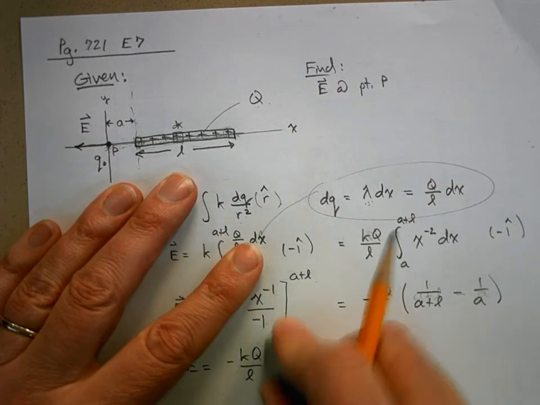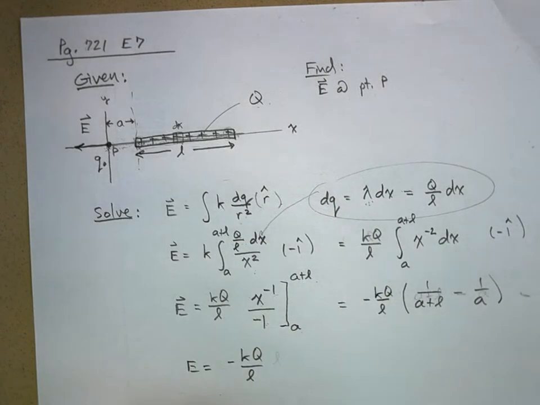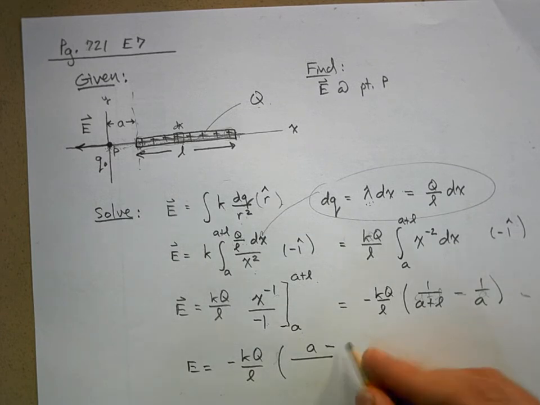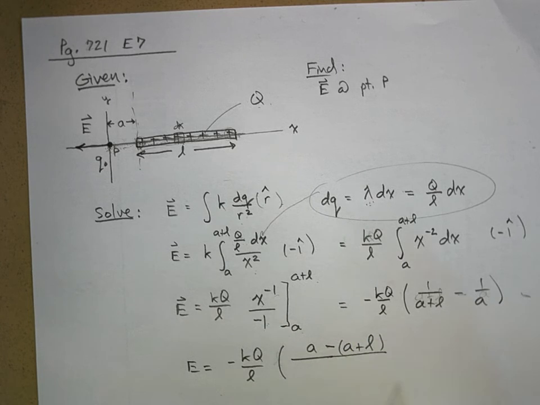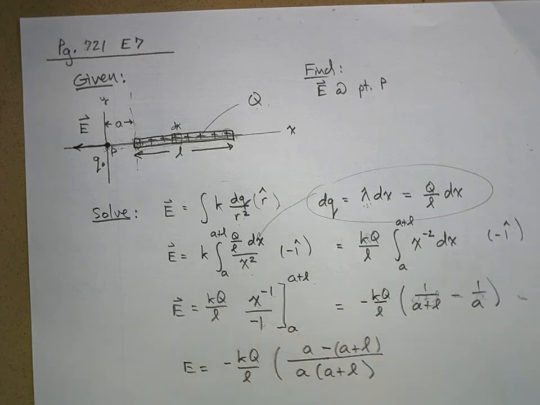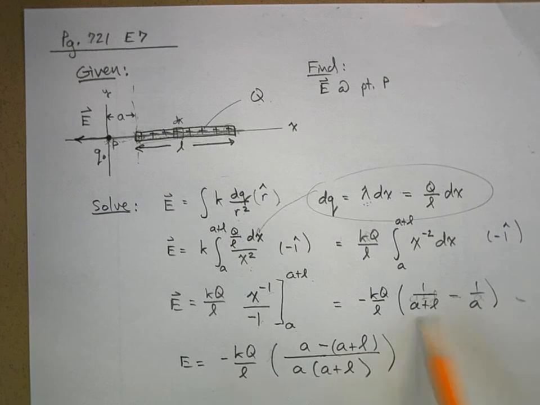All right, so we need to combine these together. So this will be A minus A plus L. That's where the negative sign will go away. And then over A times A plus L. Did I do that right? Just have a common denominator.